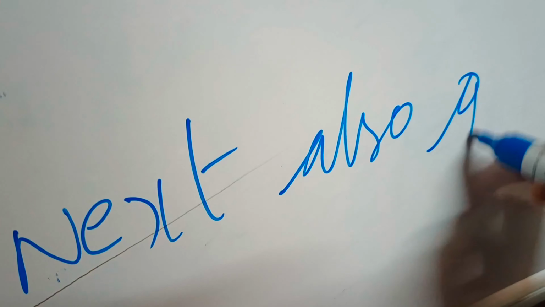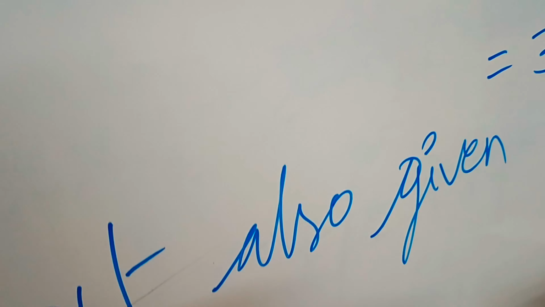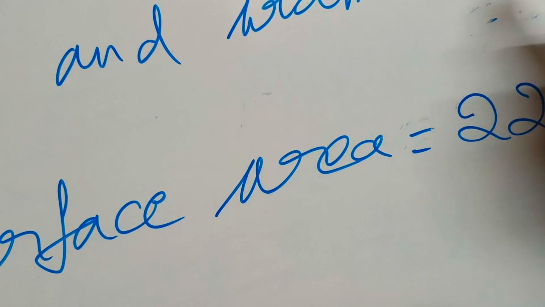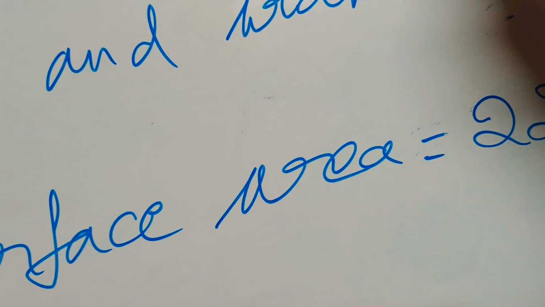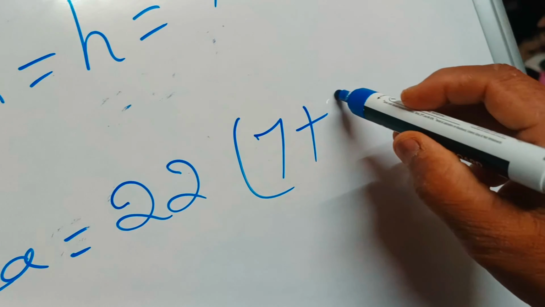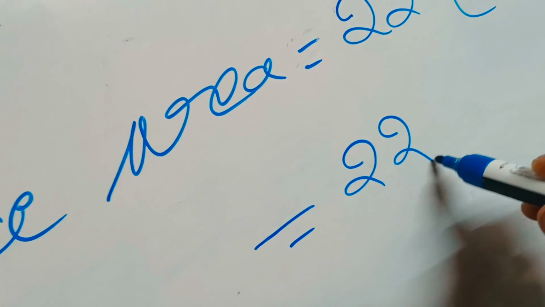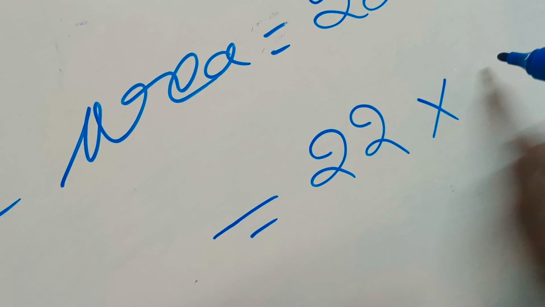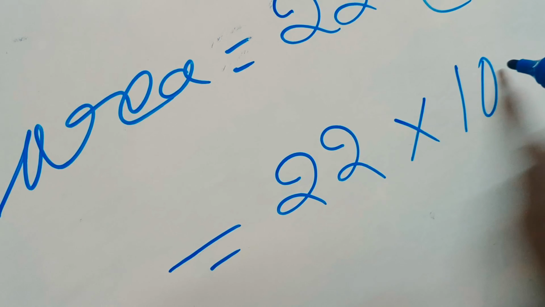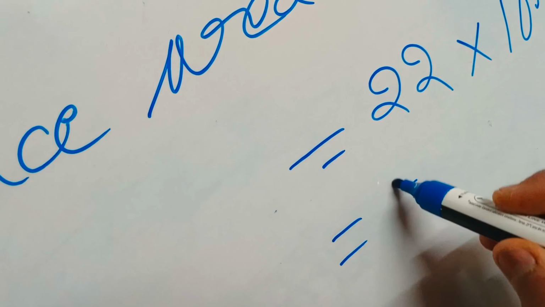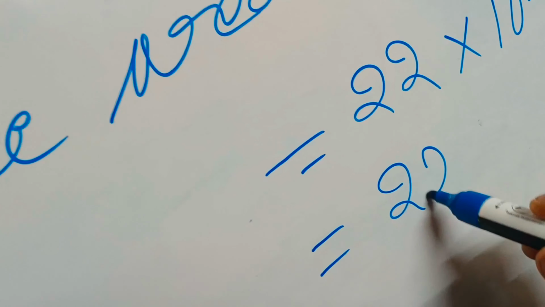Next, also given width is equal to 7, so we substitute the above values. 2 pi r means 22 by 7 into h, 7 plus r, 3.5, that is equal to 22 by 7 into 7 plus 3.5, 10.5, that is equal to 22 by 7 into 10.5.